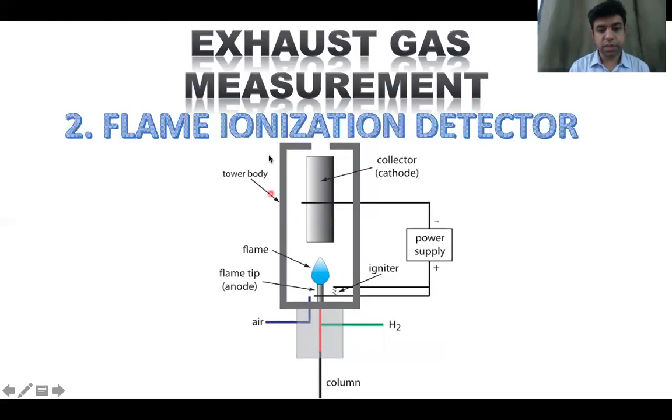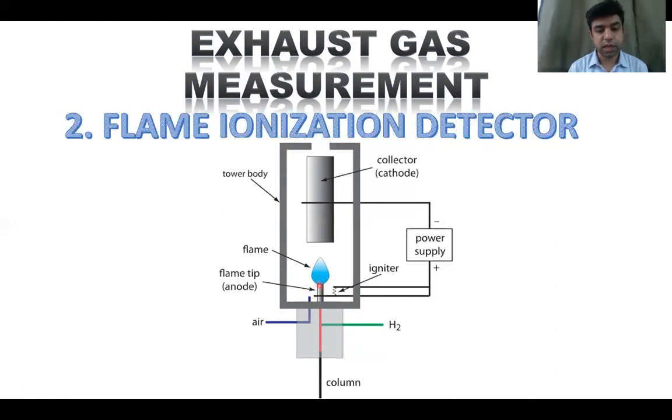Now let us understand the construction part. First of all, we have one container. The container has a provision for heat generation. But we know that in order to generate heat, we require three different things: first is the supply of air, second is fuel, and third, an igniter, right?